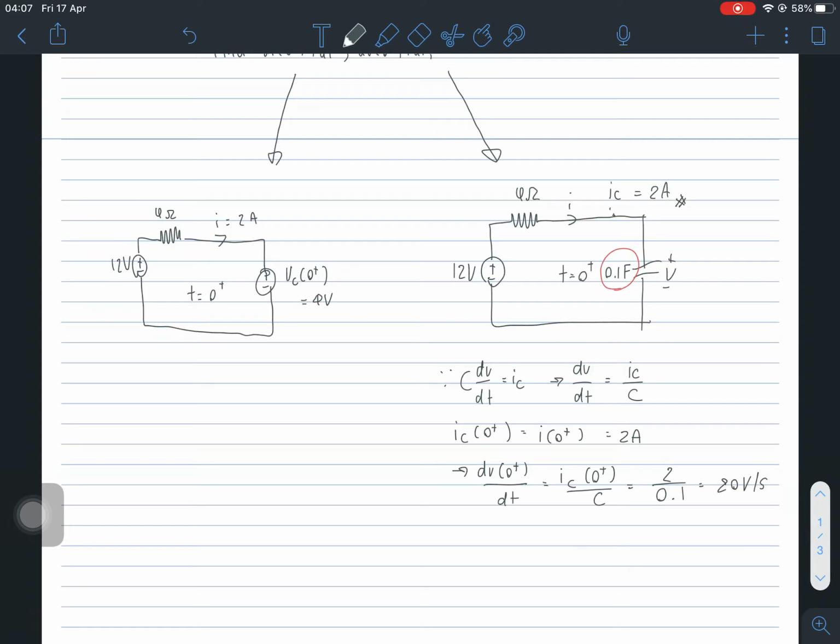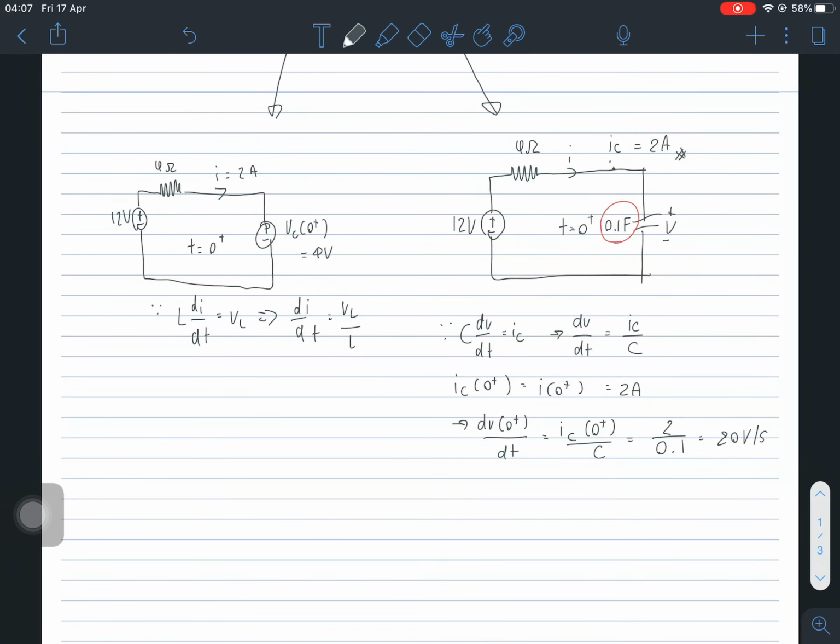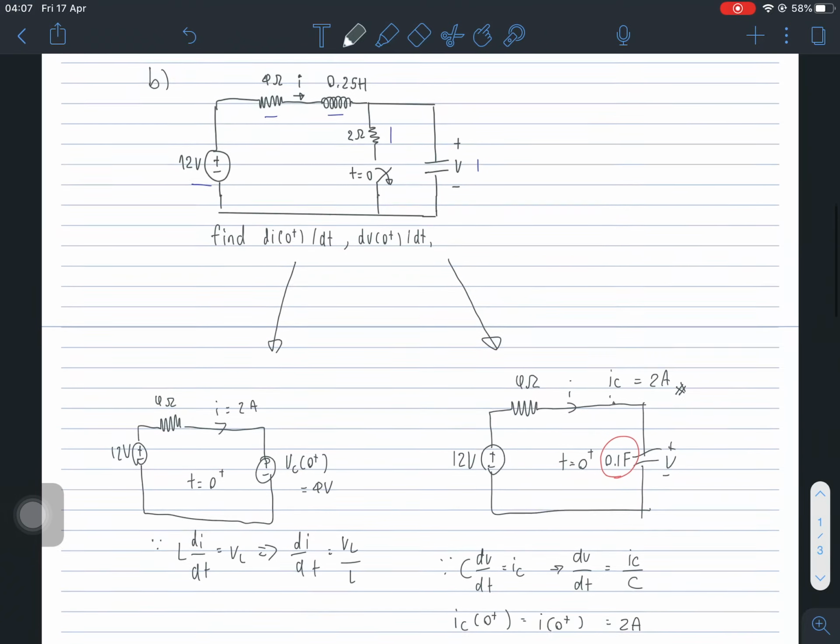In this case, we know from the theorem that L di/dt equals vL, so di/dt is equal to vL divided by L. And since the capacitor voltage cannot change abruptly, the capacitor can be treated as a voltage source in this case.